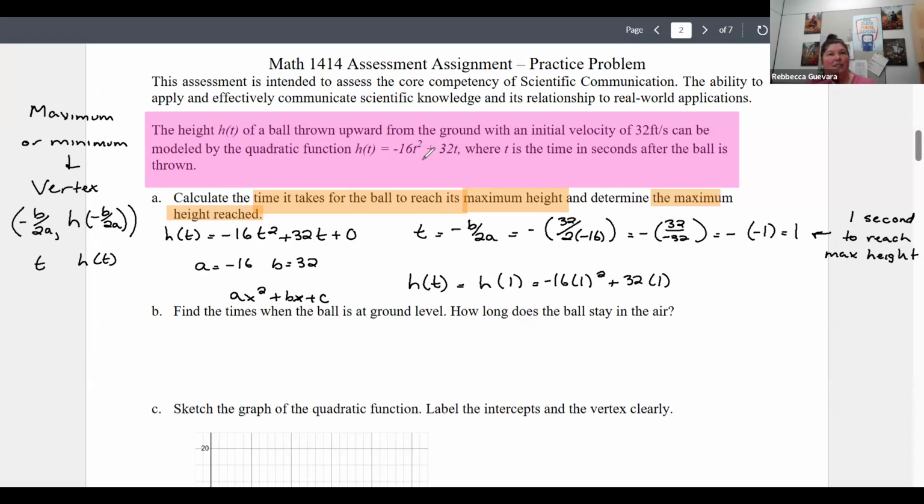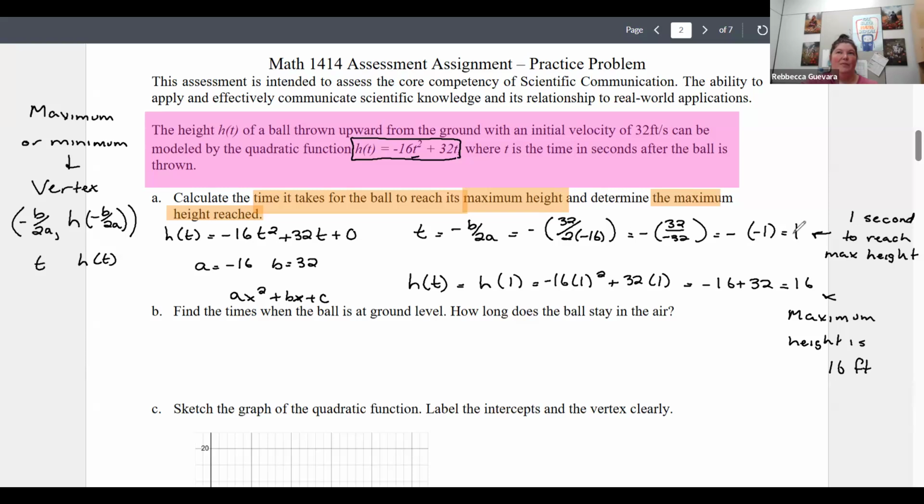So I just replaced all my t's with a 1. So I'm just going to get negative 16 plus 32. So I just get 16, and that should be feet. My maximum height is 16 feet.